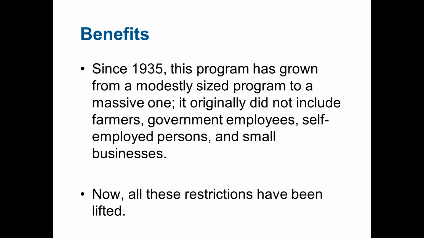It's gone on and covered a lot more people over time than it originally did as well. Originally it didn't include farmers or certain government employees, self-employed people. It applies fairly universally at this point.